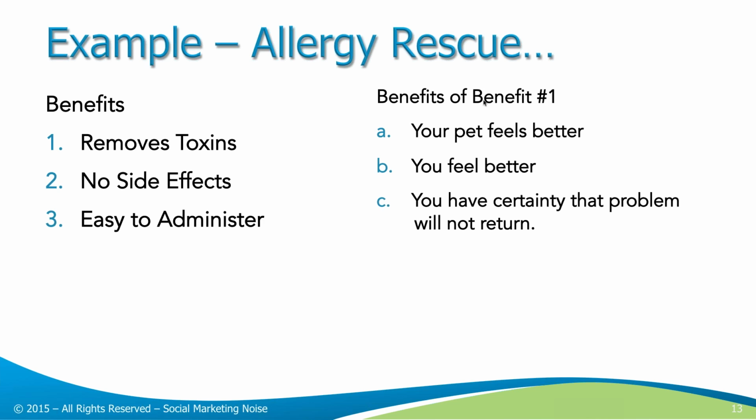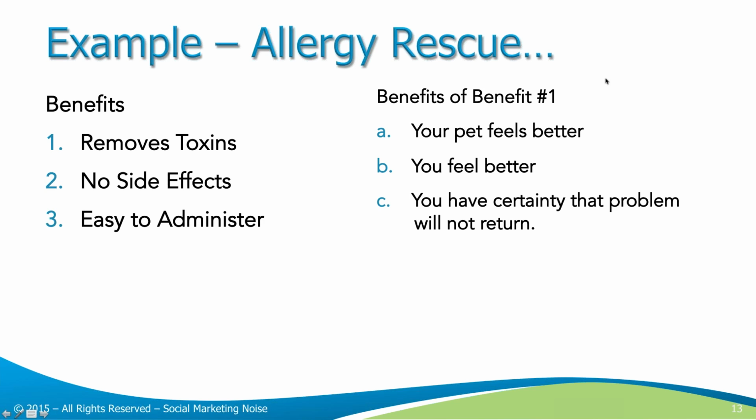And benefit number three is now you have certainty and peace of mind that the problem's not going to return, because you know you've handled it by removing the toxins. A lot of people that buy allergy products for pets try a million things. They'll buy this, they'll buy that, hoping, kind of trial and error. Well, this gives you peace of mind that you really have handled the problem, or if it does show up again, you can quickly handle the toxins and it doesn't become a bigger problem as before.